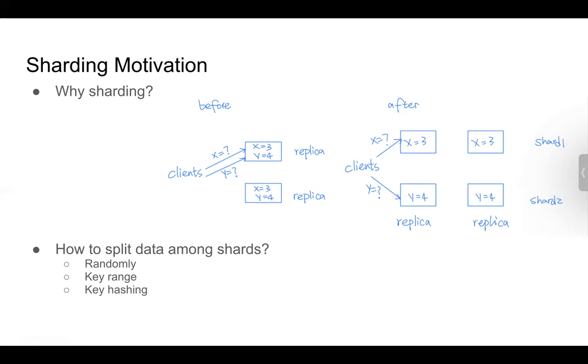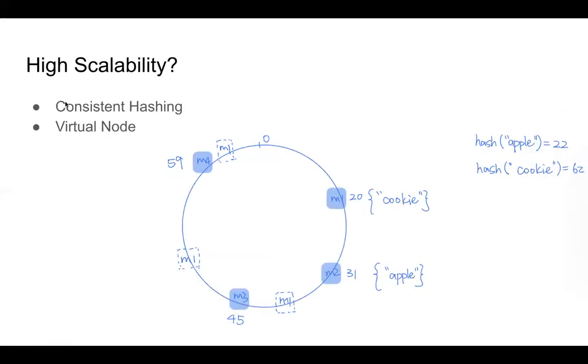But how did Amazon solve this problem? It came up with a technique called consistent hashing, which means it puts all this data into one ring like this. Let's see this example. If we have a word called apple and its hash code is 22, we'll hash this value to M2, this replica machine.